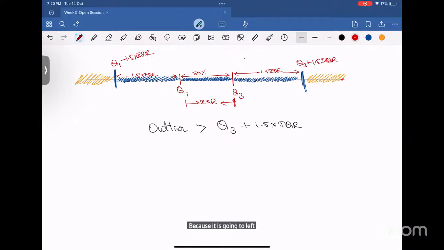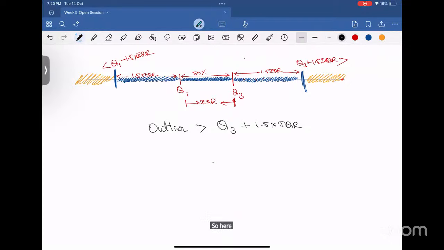So we have to subtract. So anything lesser than this or greater than this is an outlier. Okay, so now you understood the outliers.